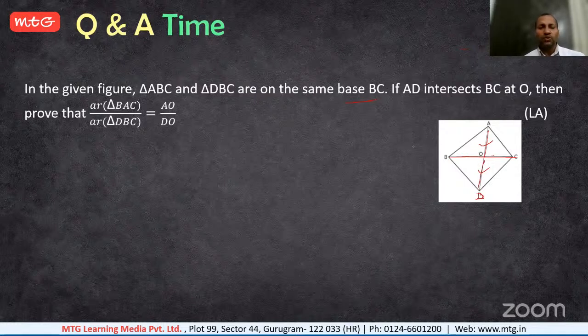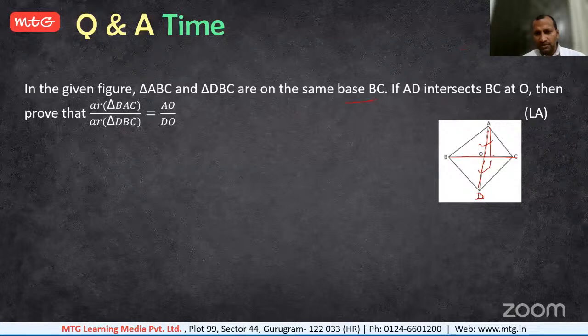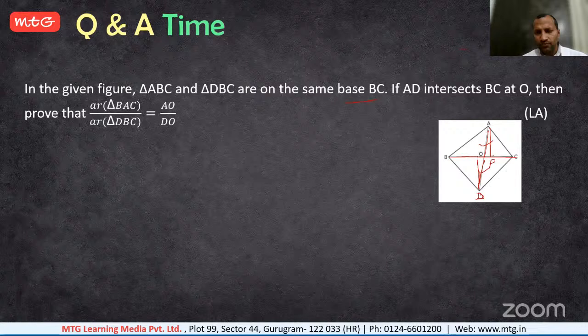So what will we do? We have to do the construction. We will draw a perpendicular here, and I have taken this point as P. Another perpendicular from D we have to draw, and that I am taking as Q. So this is P, this is Q, these are perpendiculars, so this angle will be 90 degrees.